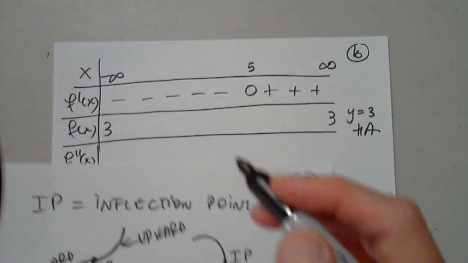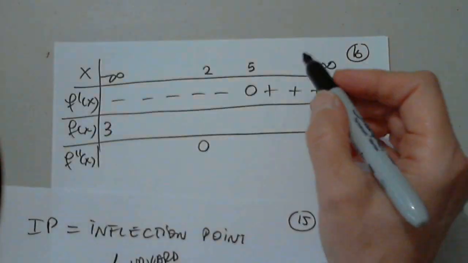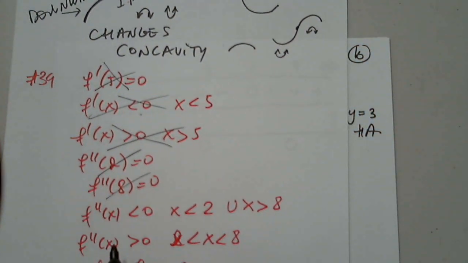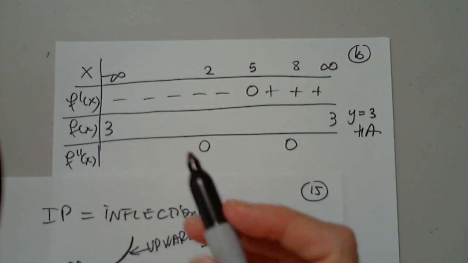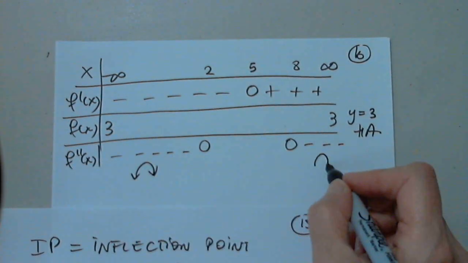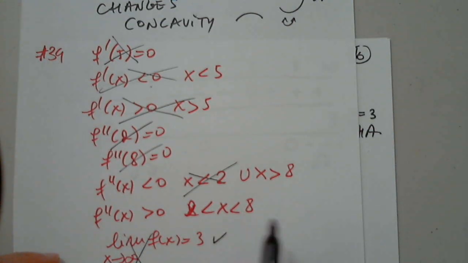The second derivative at 2 is 0. At 8 is 0. A negative second derivative to the left of 2 and to the right of 8. Positive between 2 and 8.